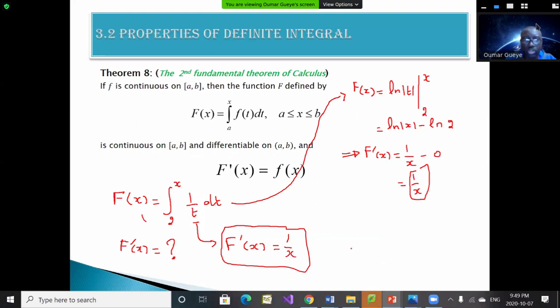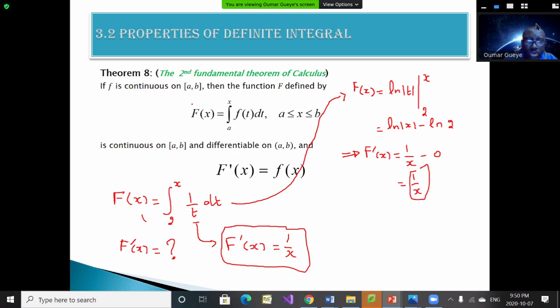I just want to make sure you know exactly the purpose of doing this. You have a function, and the definition of this function is complicated because it's defined by an integral. And you would like to know how to differentiate these kinds of functions.